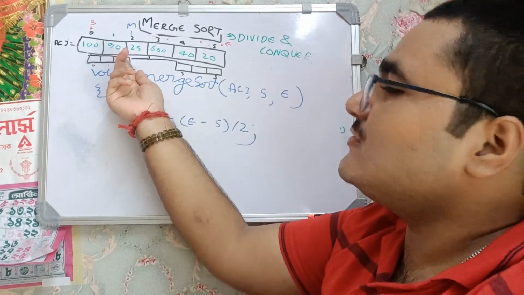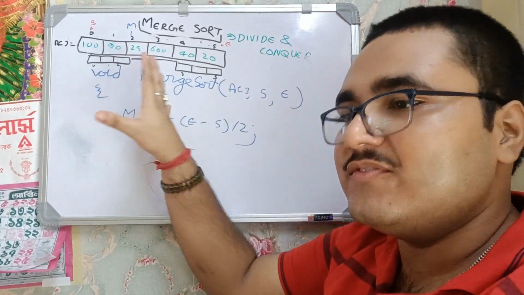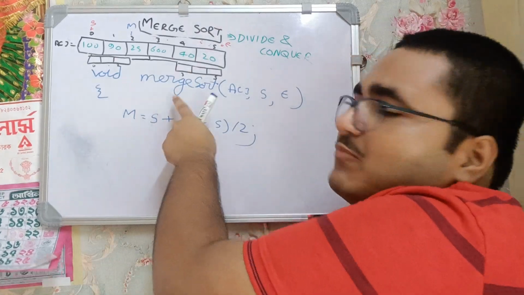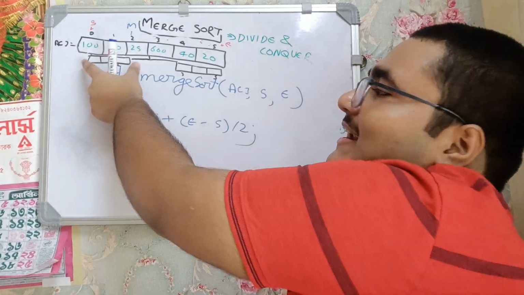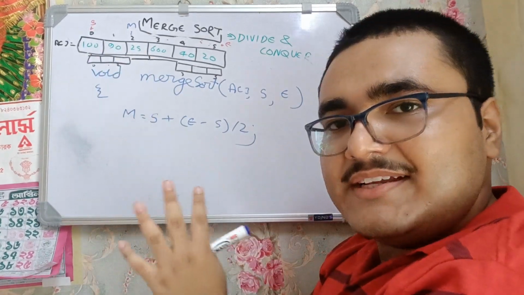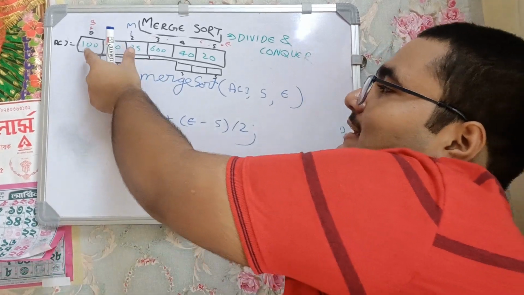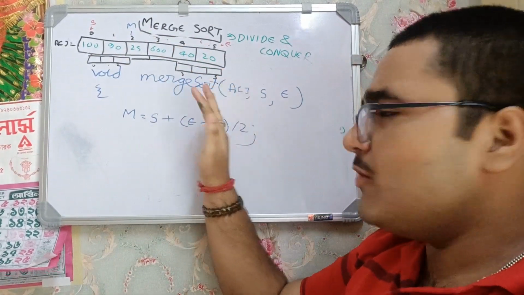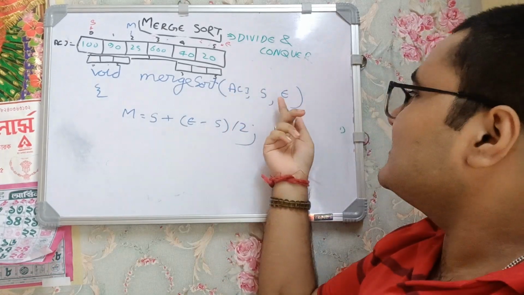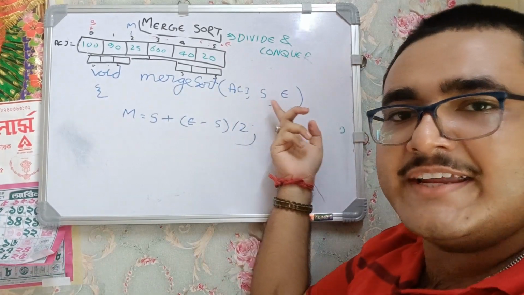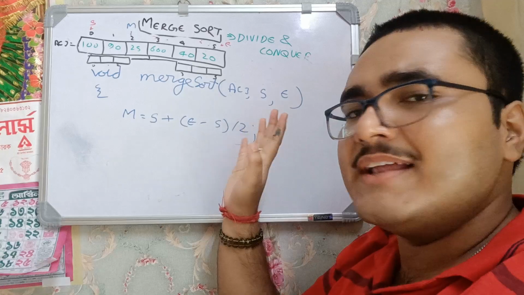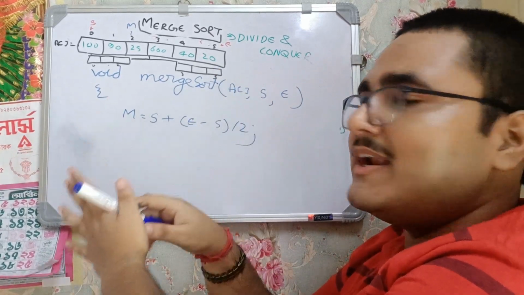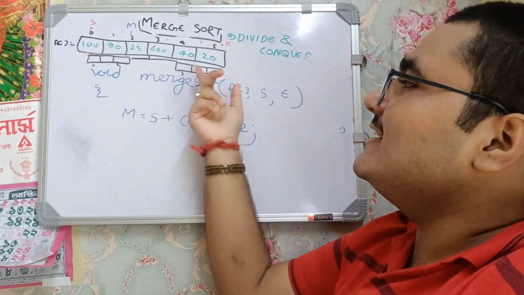Because we are creating two more arrays, division means what? We can actually call the same function with these arrays, right? See, here we are accepting A. We will be accepting A only, no problem. But if we just modify the starting and ending value, then we can just modify the size, right? Just this is one half and this is one half.